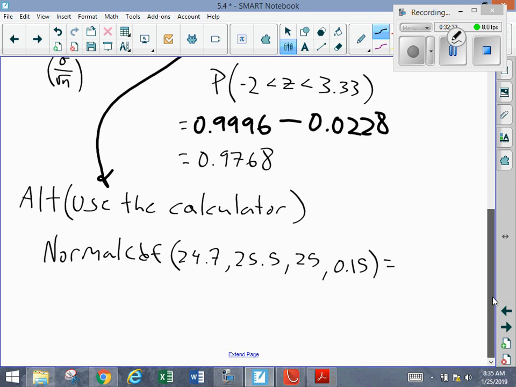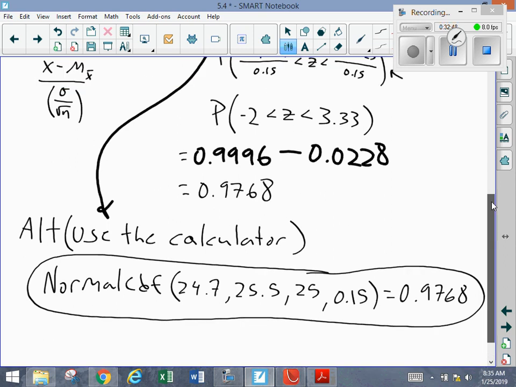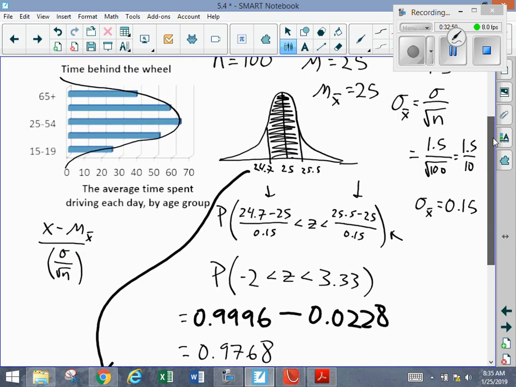Though, if you are going to do that, you need to answer, I'm going to use the calculator. That is your complete answer. And you got to include the drawing.